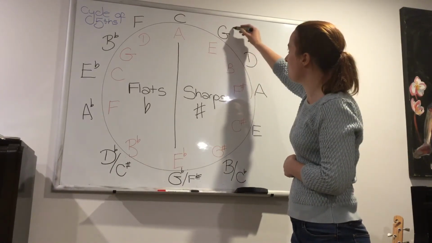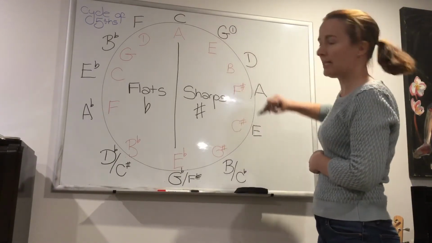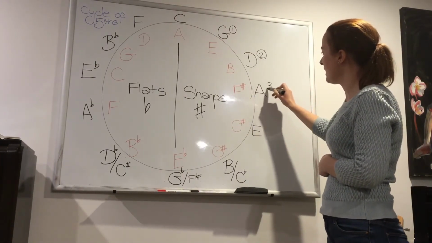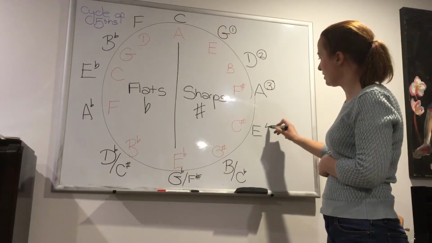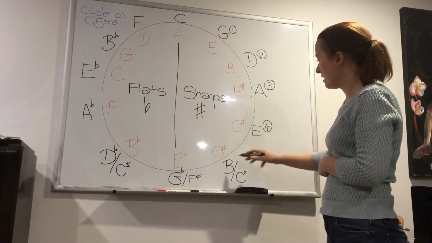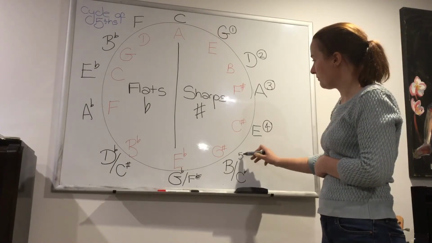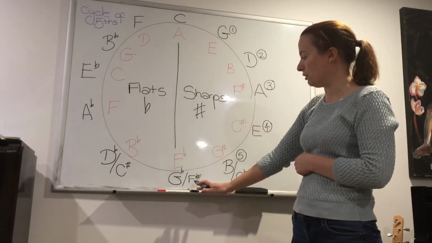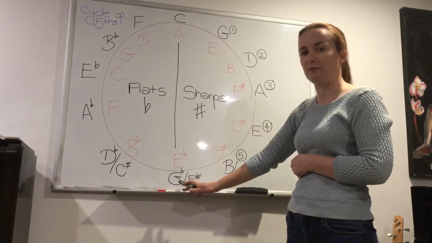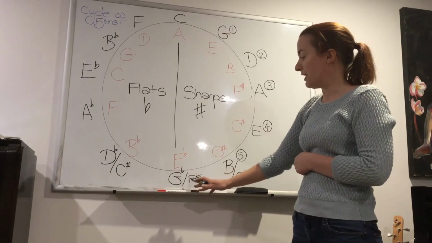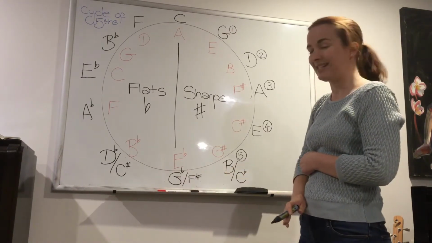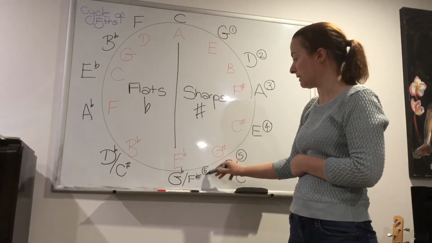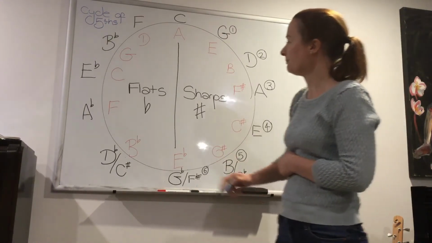So I'll write a 1 up here. D major has 2, A has 3, E major has 4, B major has 5. Now here it depends if we're looking at F sharp or G flat, because this key signature down here is an enharmonic. So let's just say F sharp, which will be 6 sharps.